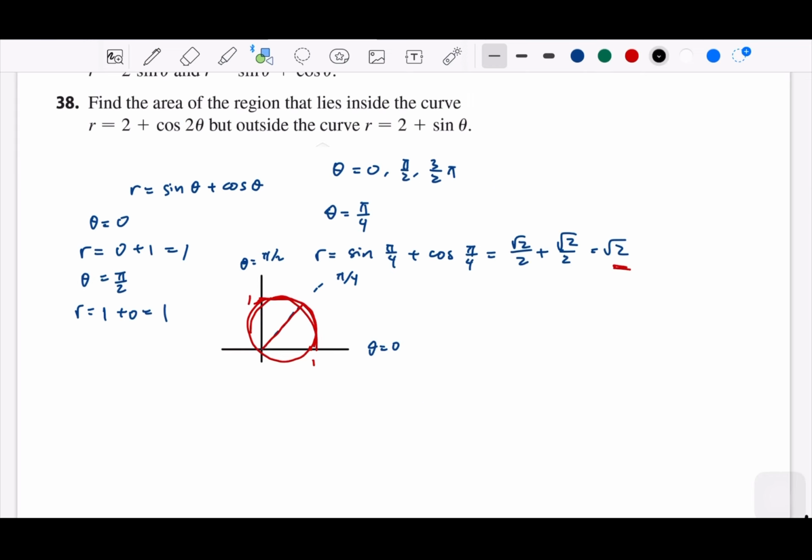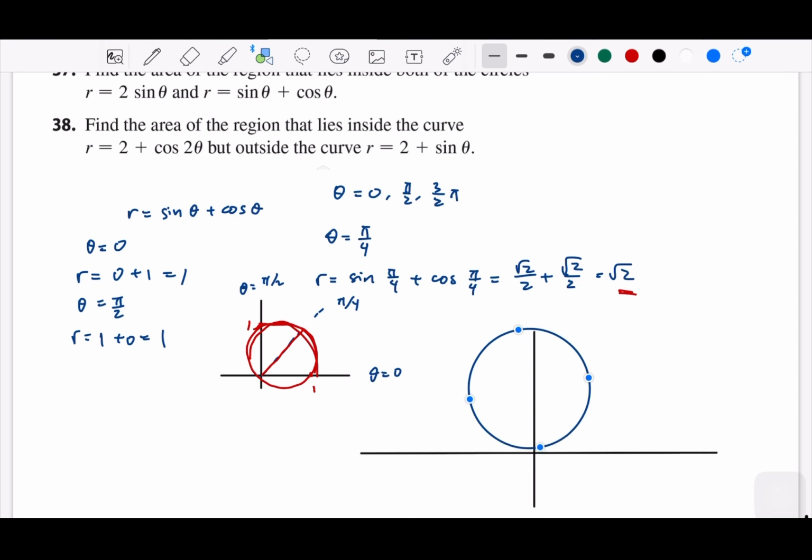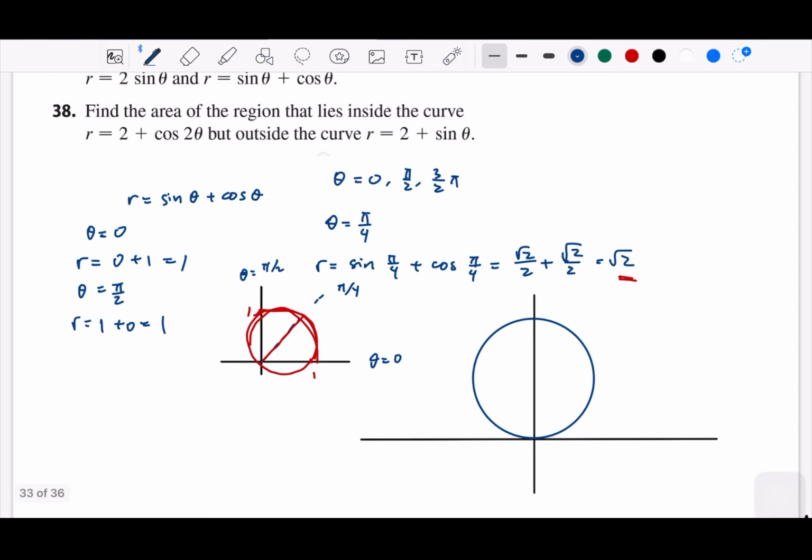So the curve, let me draw again. First we have the 2 sine theta. Remember sine, if it's positive, it's on the top, so we are going to draw on the top like this. Let me make it more proportional. Let's say that is our r equal to 2 sine theta.